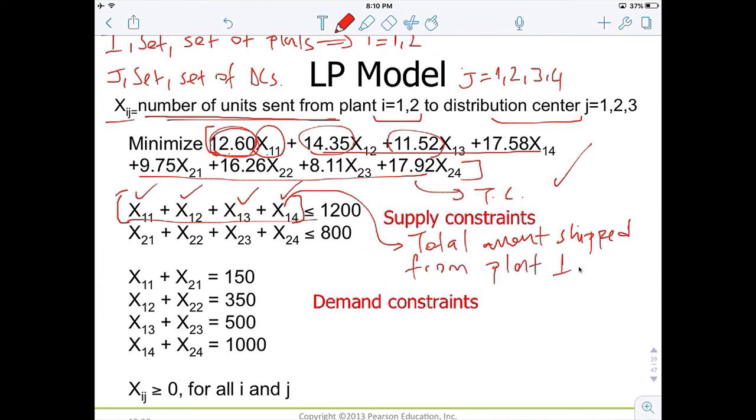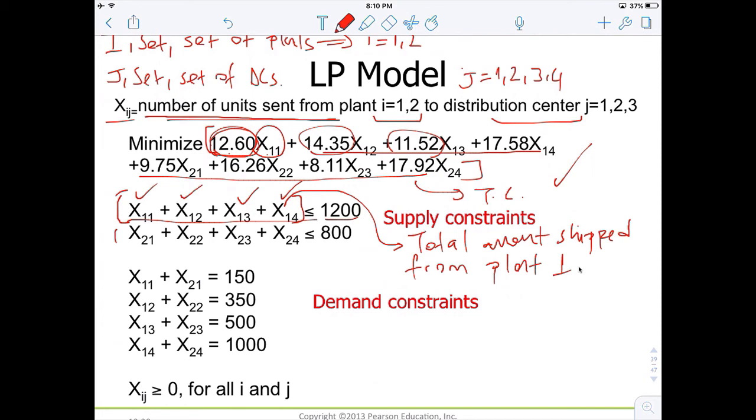If that's the case, then we can make this less than or equal to the capacity. Perfect. This constraint helps us enforce the fact that the total amount shipped from plant 1 cannot exceed 1200.